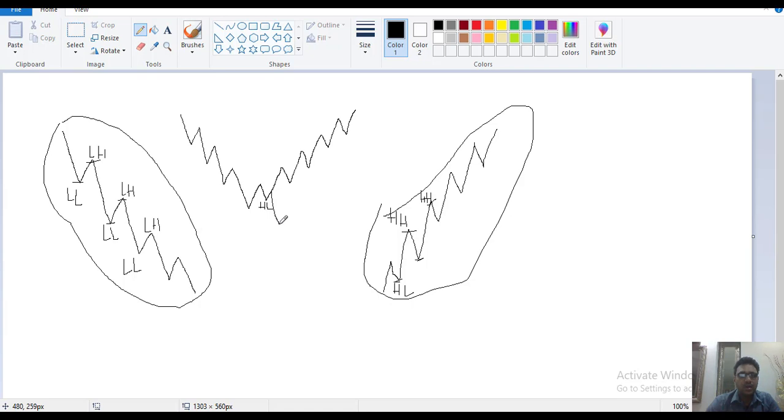Then it wouldn't be the higher low. It would still be a downtrend, right? But it made a higher low and then it broke this high, right? This is the criteria where we will know that the trend has changed.